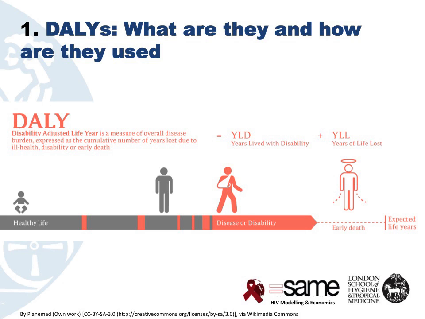But DALYs and its sister measure QALYs, which is more used in high-income countries, aim to bring together both the quality of life as well as years of life lost. And the aim is to be able to compare health outcomes across different diseases and support decision-making on that.